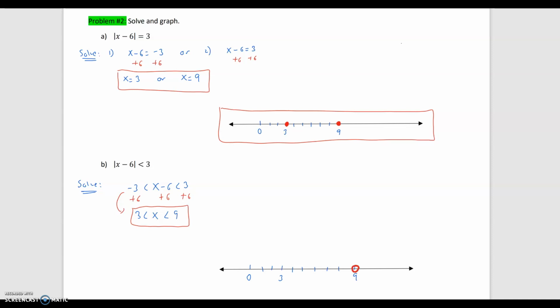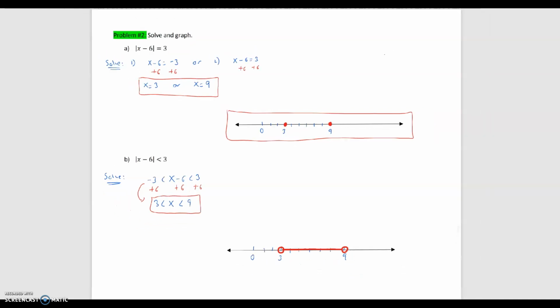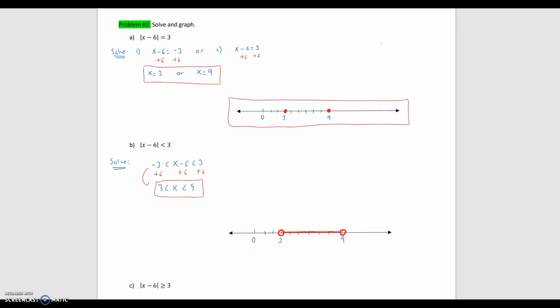So technically open circles on these two, and then every value in between. So on the equation, our solution was just the two dots or the boundaries. On the inequality, it's every value in between, not including the boundary because it says less than. If it said equal, those two would be solid.